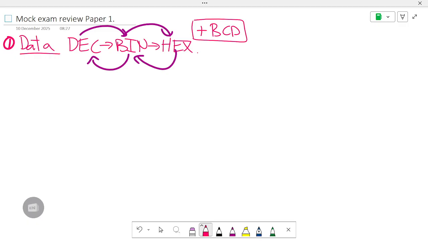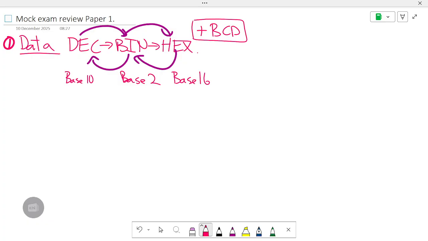So what is denary there, Wendy? Tell me what numbers are denary, who uses it? From 0 to 9. Yes, denary is the human. It's base 10, okay? Binary is base 2, and hex is base 16.